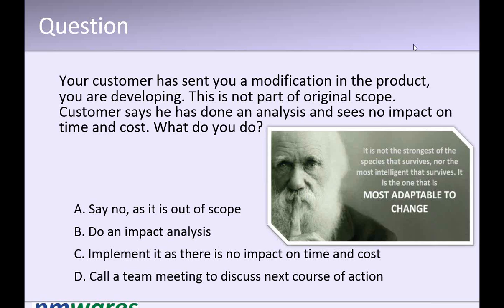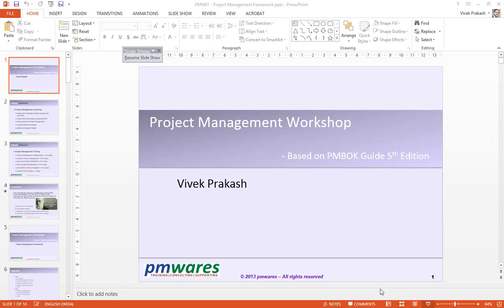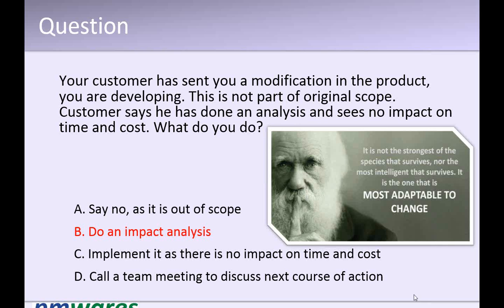I have a question. My question is, for option D, call a team meeting to discuss the next course of action, that is where people may go wrong, because the team meeting could be to do the impact analysis, right?